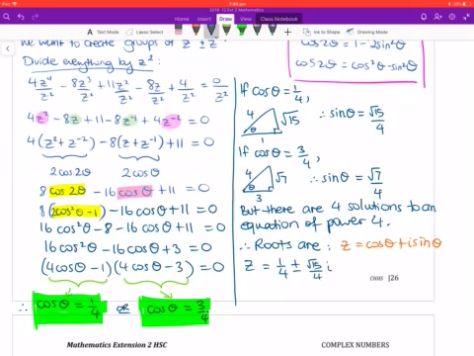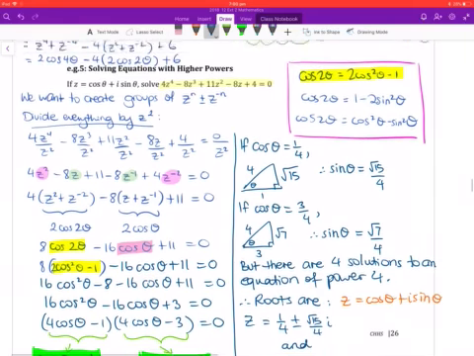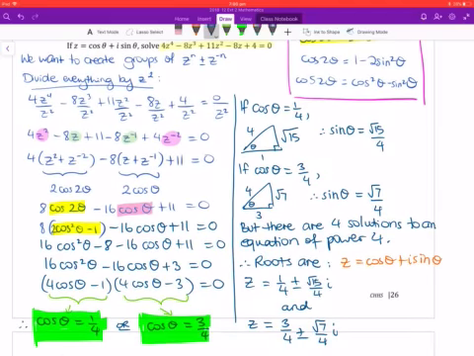You can put i first, doesn't matter. And our other one is z equal to 3/4 plus or minus root 7 on 4 i. Okay, all good. So they're your 4 different roots for this equation, because you found the solutions that'll give that equation equal to 0.